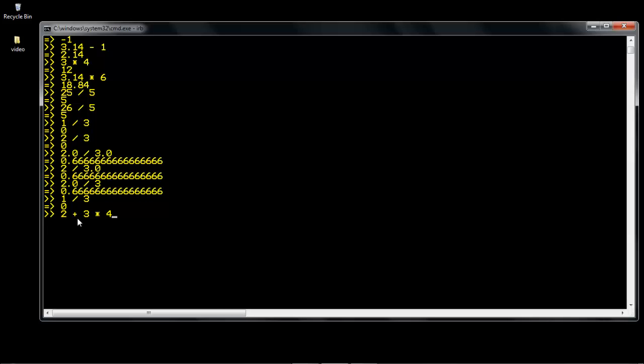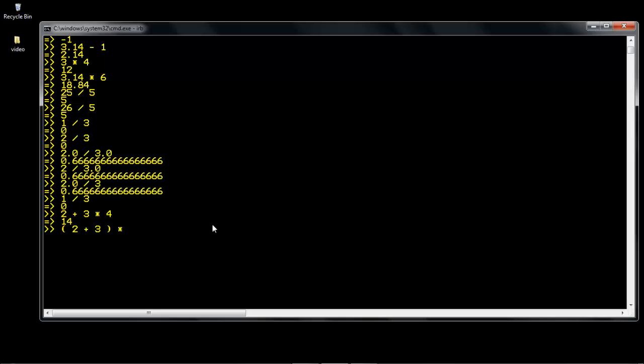If you check the table, you realize that multiplication and division has higher precedence than addition and subtraction, which means that this will happen first. 3 times 4 will happen first, 12, and 2 plus 12. Answer is 14. Now, what if you want to perform 2 plus 3 first?